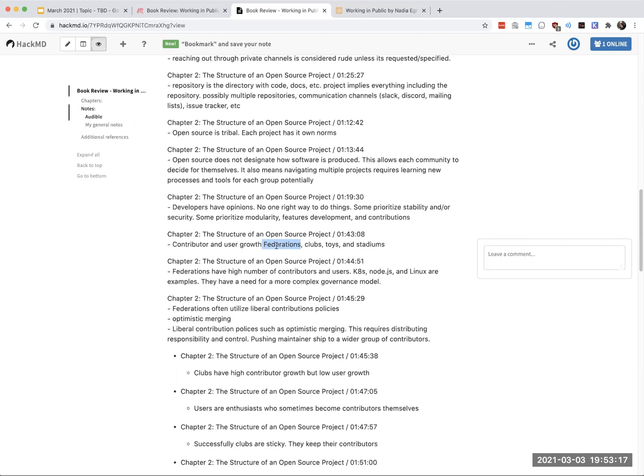It's not always the case, but some have done better than others, and they're using different types of policies. One that I noted here was a liberal contribution policy, or one person, I forgot the name, called it optimistic merging. So the idea is that you let anybody contribute loosely, and you have tooling and people helping to merge in any changes, and then others are more strict on that.